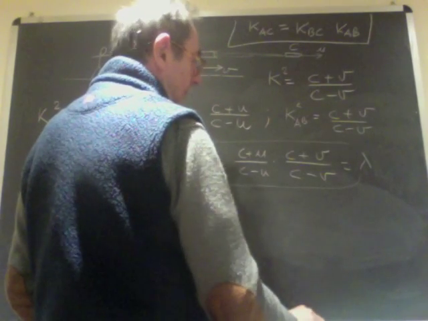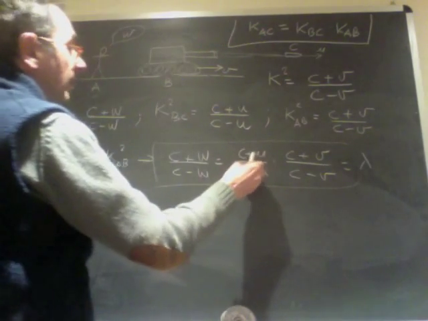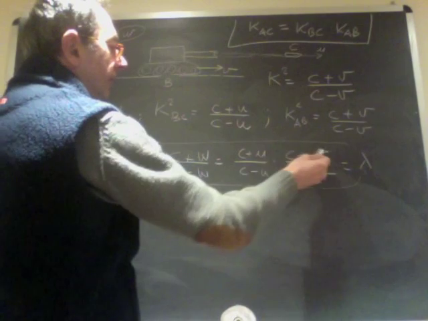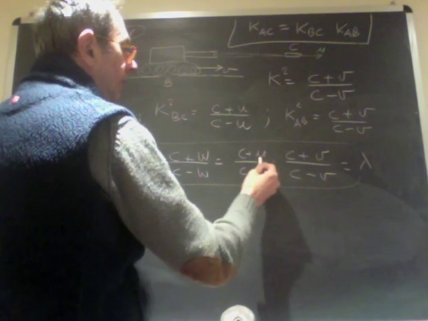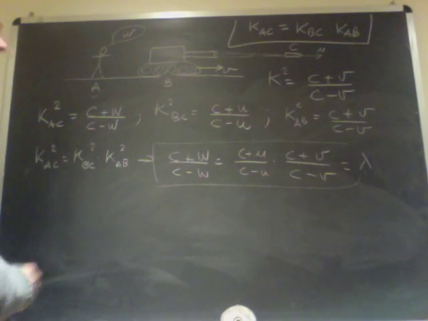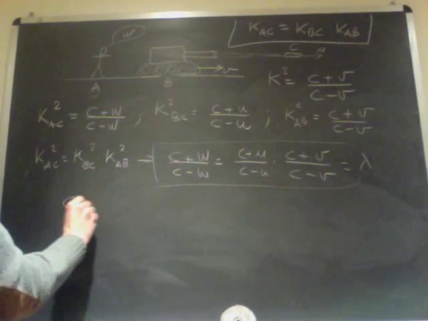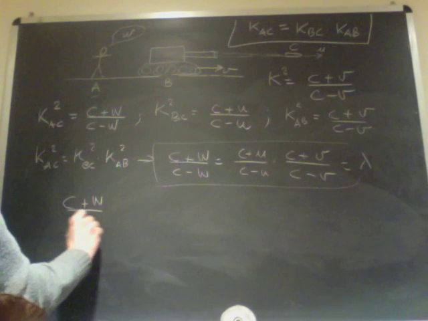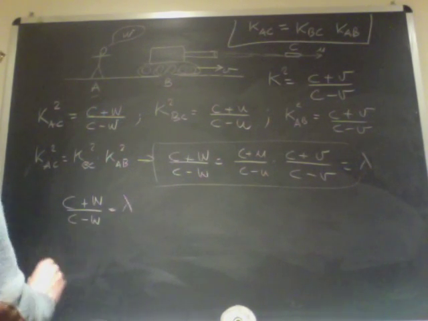It is a number depending on the value of U and V. So we have got that C plus W over C minus W is equal to lambda.